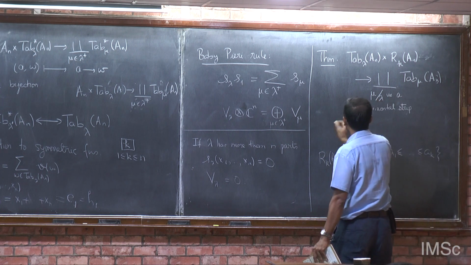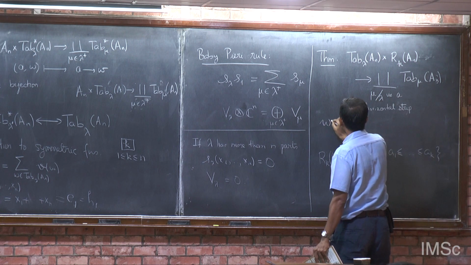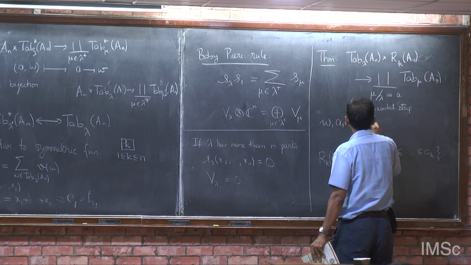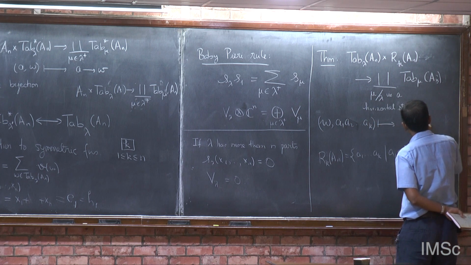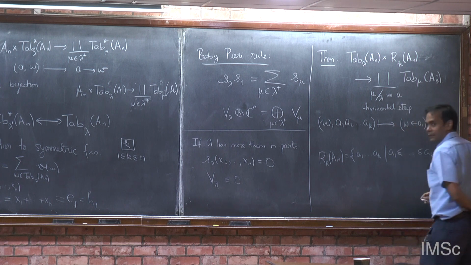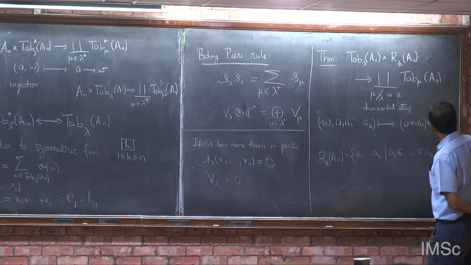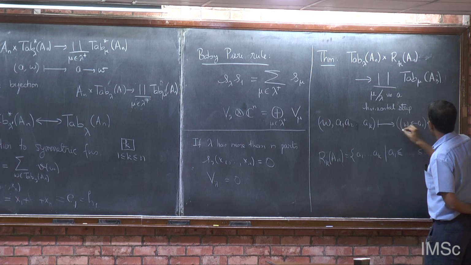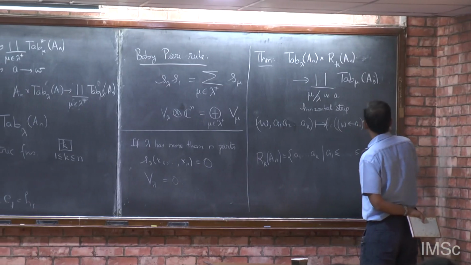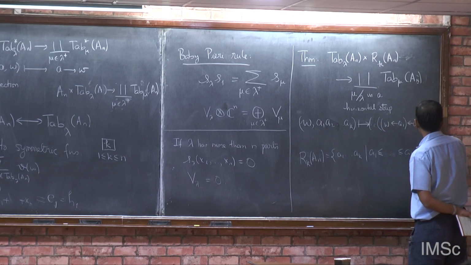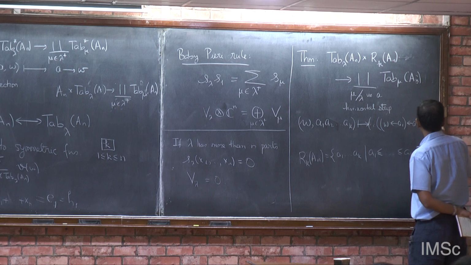The function is given by w, a1 a2 ... ak goes to, so you take w, first you insert a1, then you take the result and insert a2 and so on, and finally you insert ak.